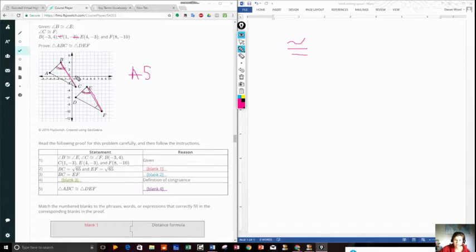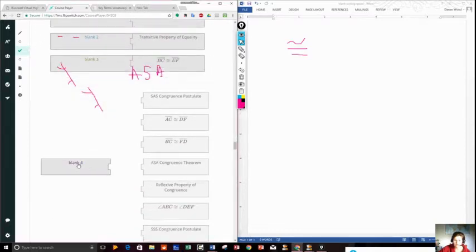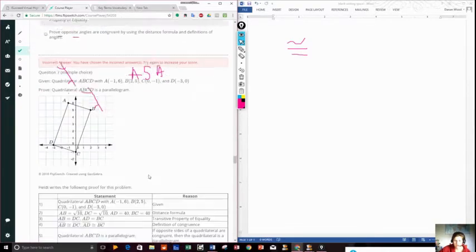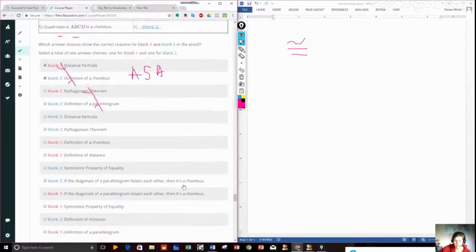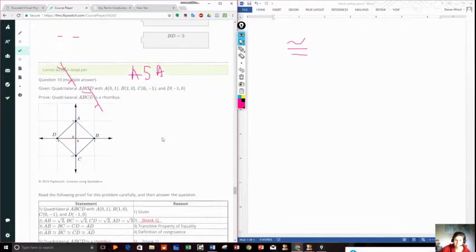And then we were also given that angle C was congruent to angle F, so we have another angle. So that is the angle side angle. So blank 4, I'm clicking and dragging to angle side angle congruence theorem, and we'll check that 5 and 4 are correct. So submit for grading.